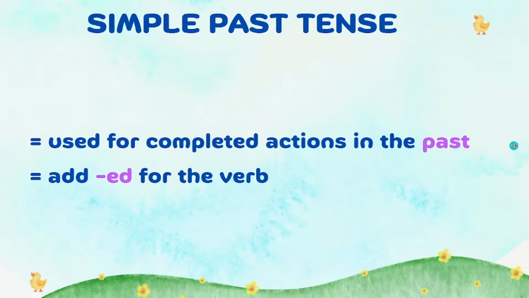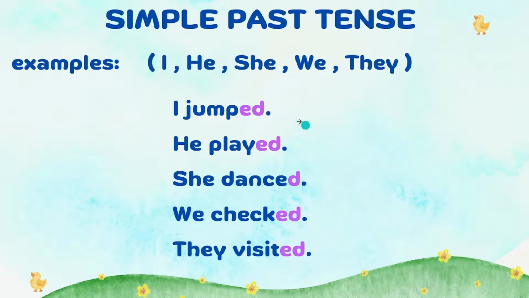Because it happened already in the past. Here, for I, he, she, we, and they. When we say I jumped, we add ed. It's done already. I already jumped. It's either yesterday, a minute ago, an hour ago, last week, last year. So you will add ed.